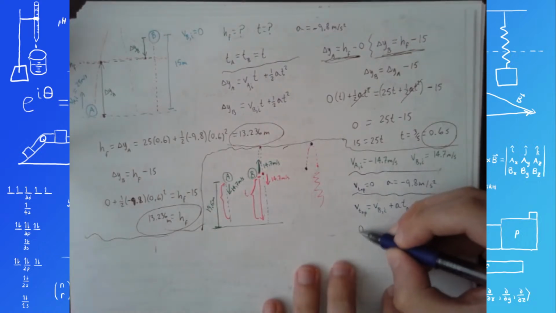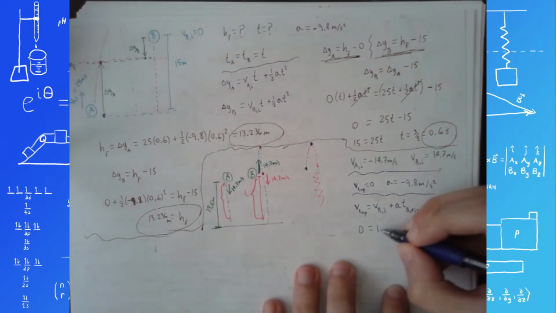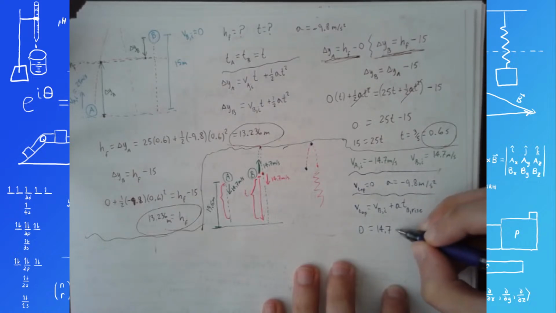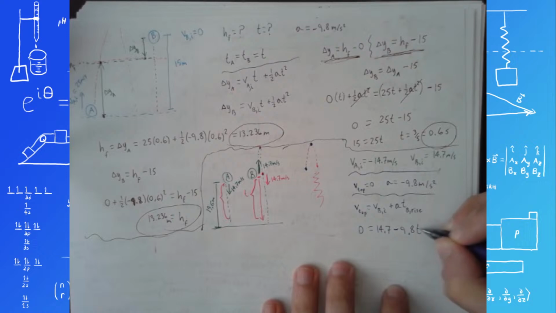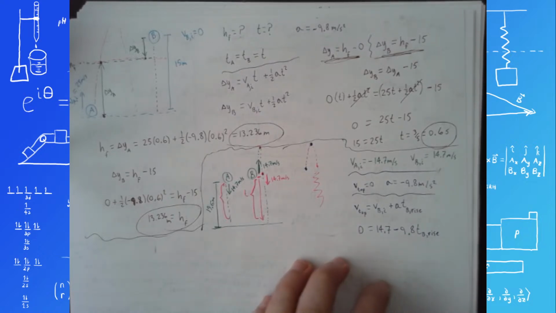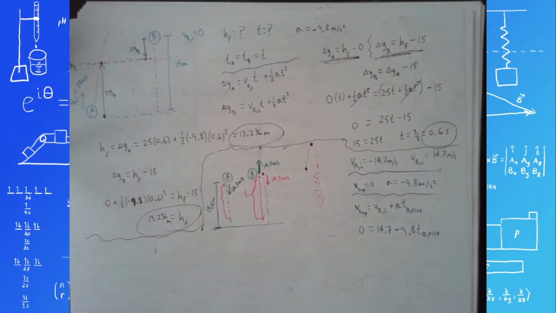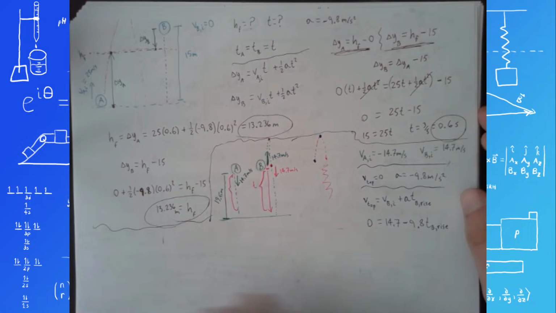So that's going to be 0 equals 14.7 plus negative 9.8, so minus 9.8 TB rise. Add 9.8 TB rise to both sides, divide by 9.8. 14.7 over 9.8 is exactly 1.5.